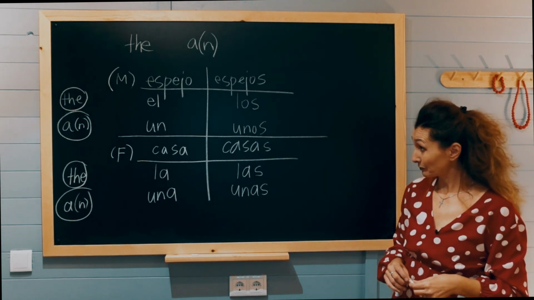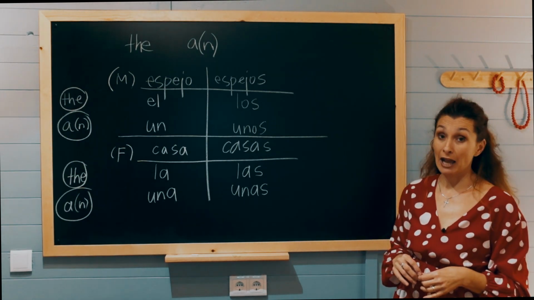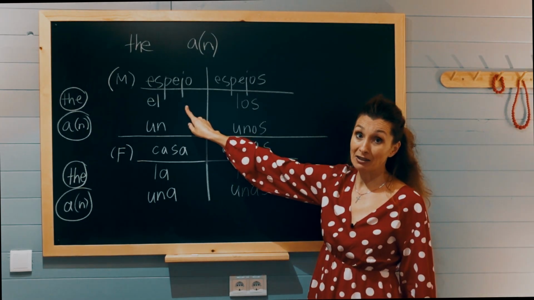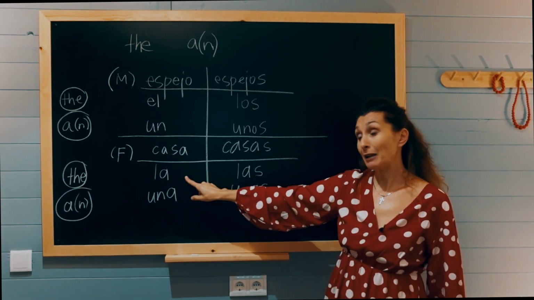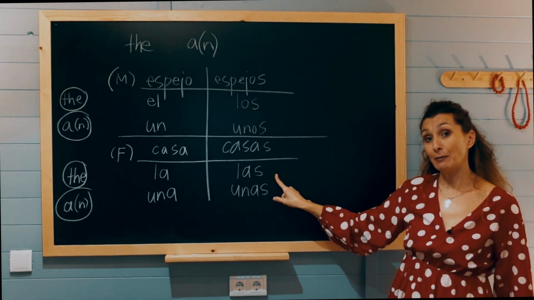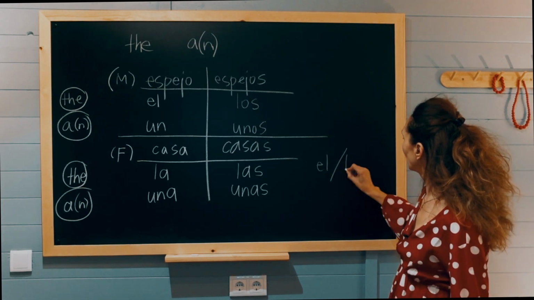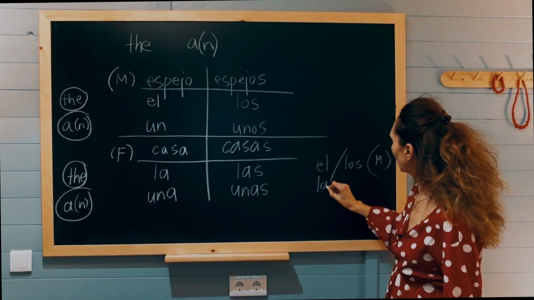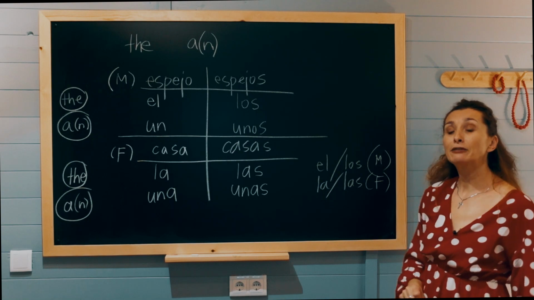Okay? So the definite article in Spanish has 4 different forms. One for singular masculine, plural masculine, singular feminine, and plural feminine. You might want to even write it: el, los for masculine, and la, las for feminine.